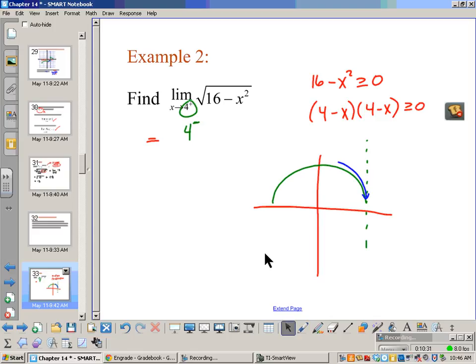So we're going to get really, really close to 4, meaning that we are going to start with 3.9, 3.99, 3.999, and see what kind of values we get for those.